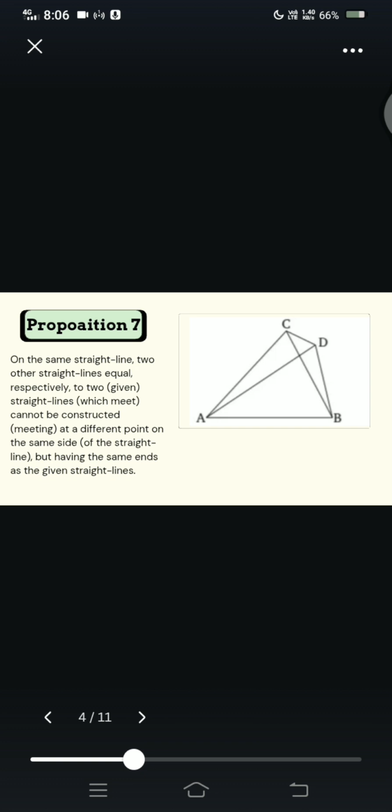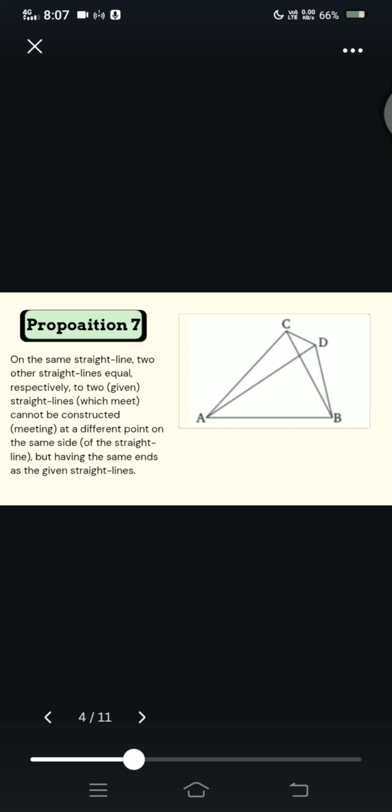So according to proposition 5, in an isosceles triangle, the angles at the base are equal, and if the equal sides are produced, the angles under the base are also equal. So our triangle ACD is isosceles, right?